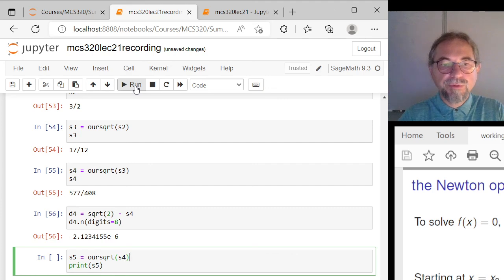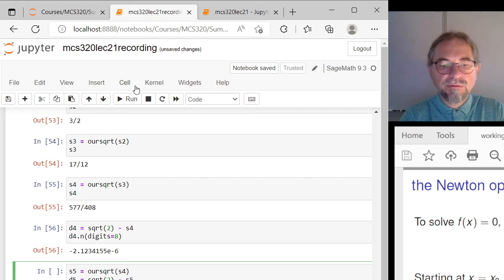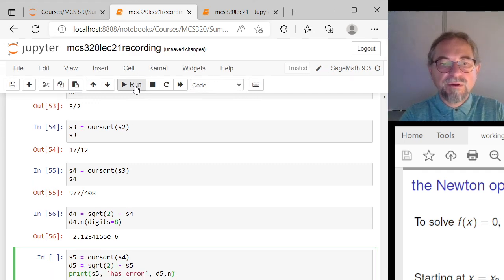I will also compute the difference. So it's the absolute difference. So let's not be too picky with the relative error. So has error, and now I will have to evaluate this with sufficient precision.